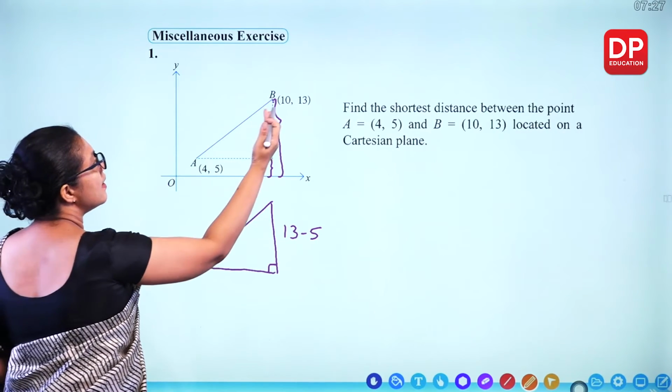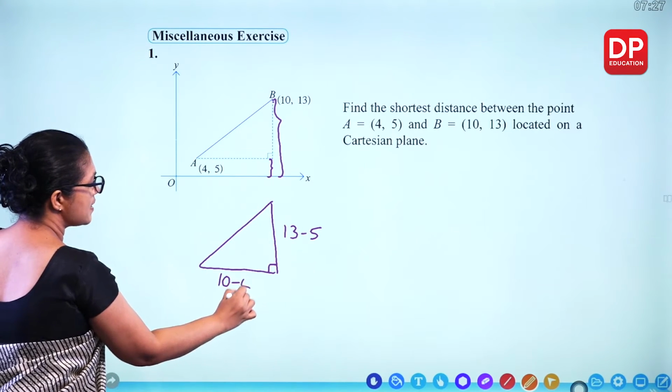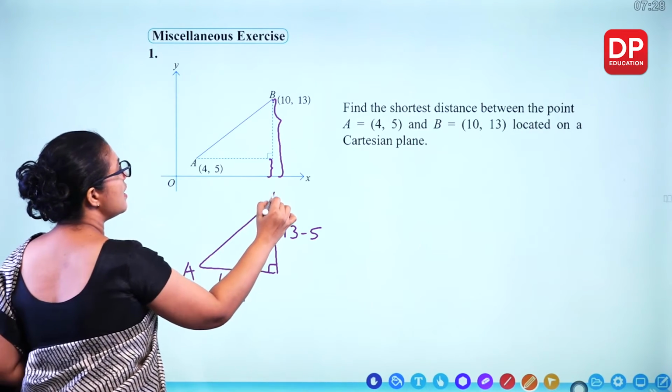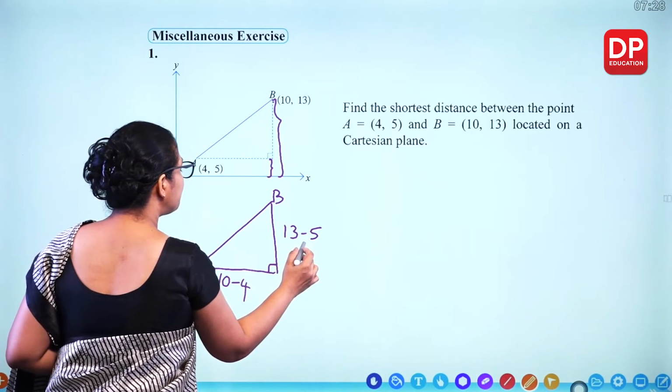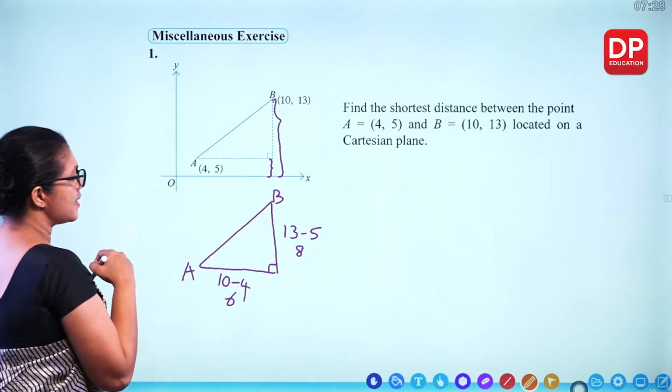This side, x value is 10, here 4. So 10 minus 4, this side. You know these two, so you can straight away find out the AB length. 13 minus 5 is 8. 10 minus 4 is 6.